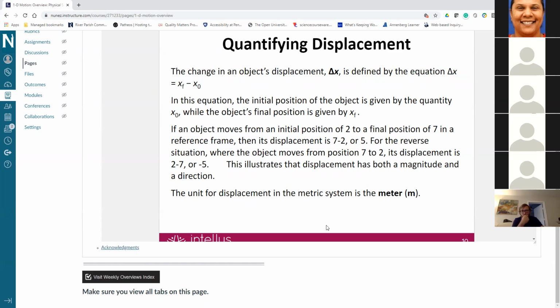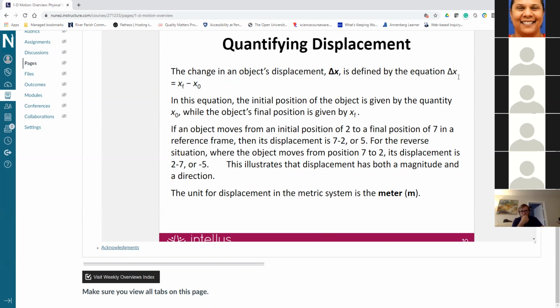But to get the object's displacement, the change in the object's position, you use the symbol delta x. Delta x, change in position. So we're using x to represent position and delta x to represent a change in position, or displacement.